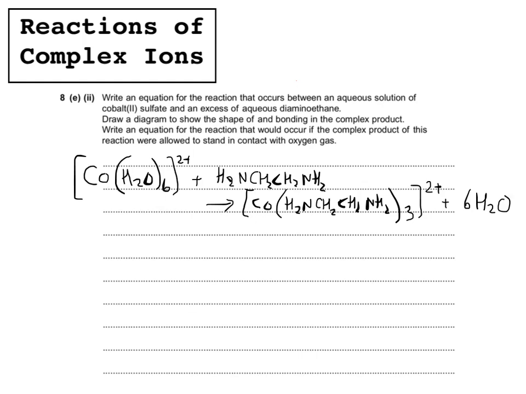And then draw and show the shape of and bonding in the complex product. So you've got cobalt, and it's octahedral.